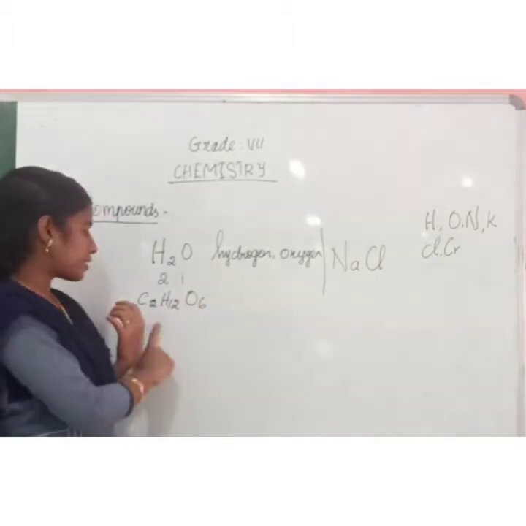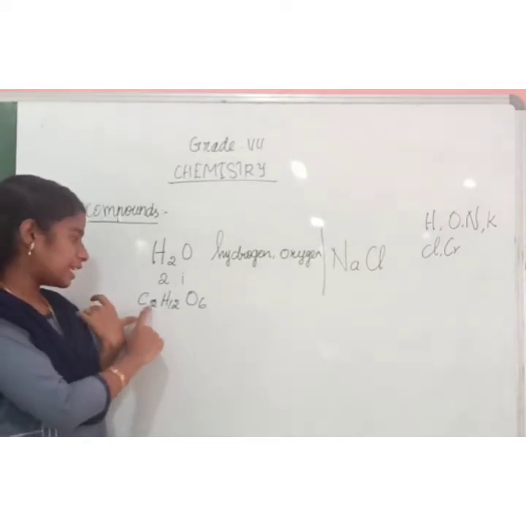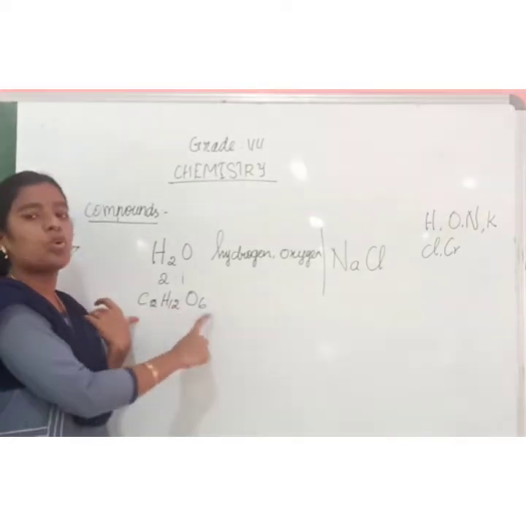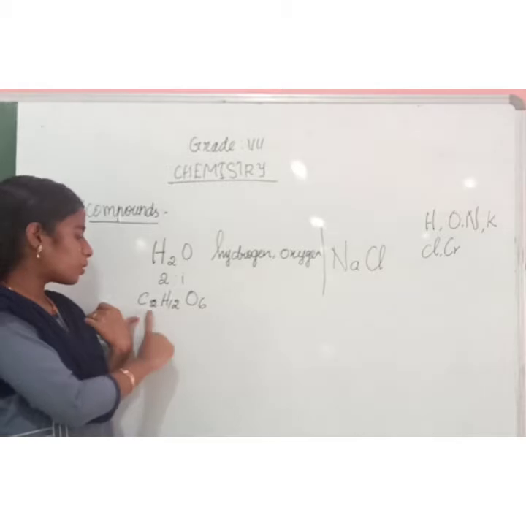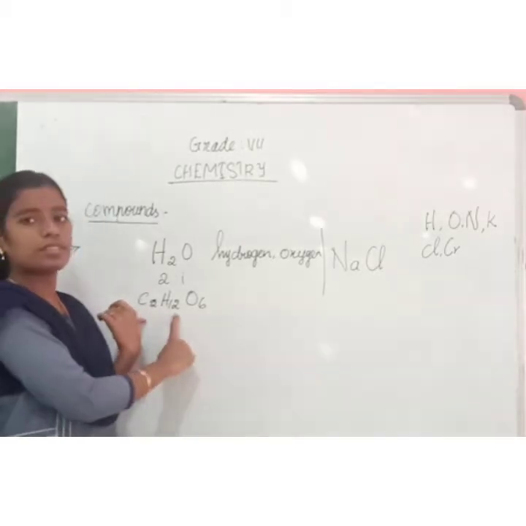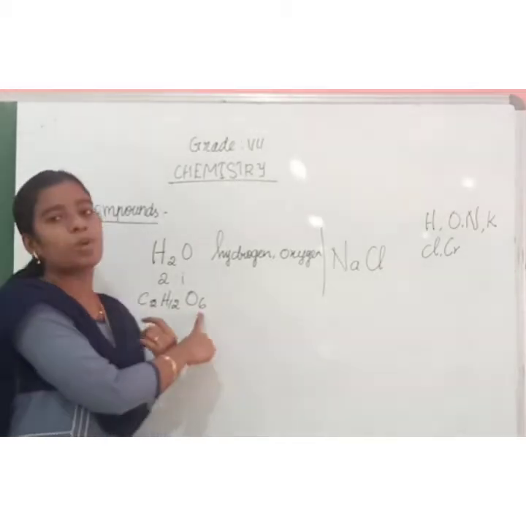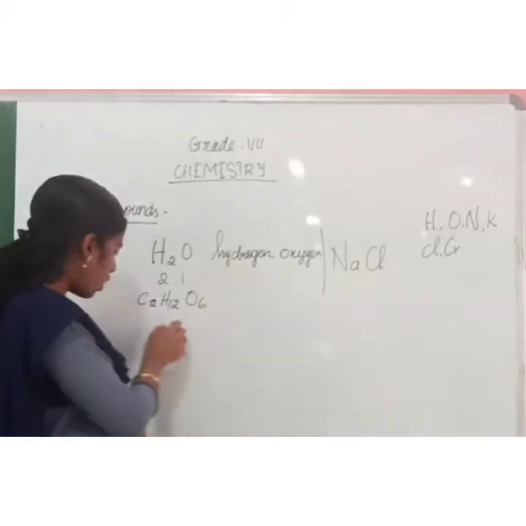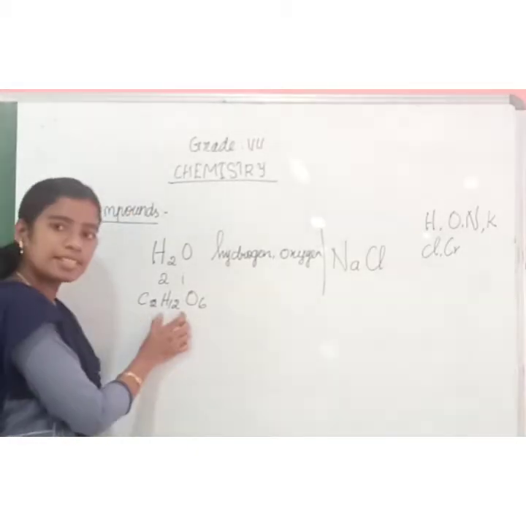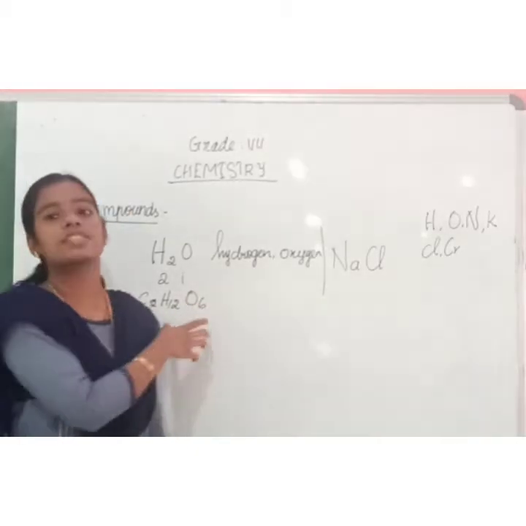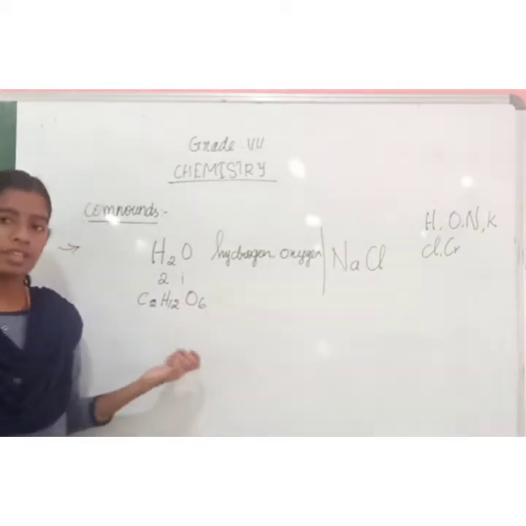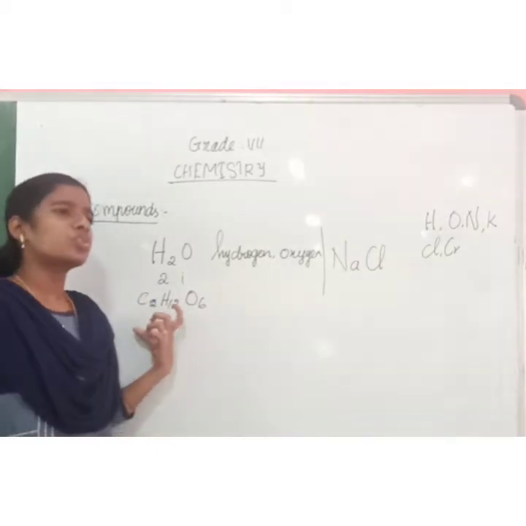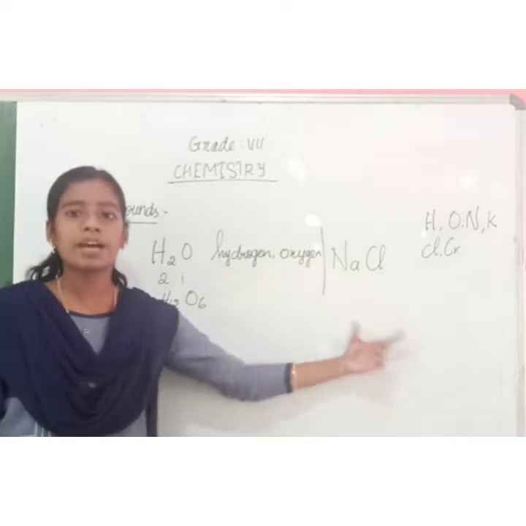One more example is sugar. The representation of sugar is C2H12O6: 2 atoms of carbon, 12 of hydrogen and 6 of oxygen. Carbon, hydrogen and oxygen are all elements. So a compound means two or more elements combined together.